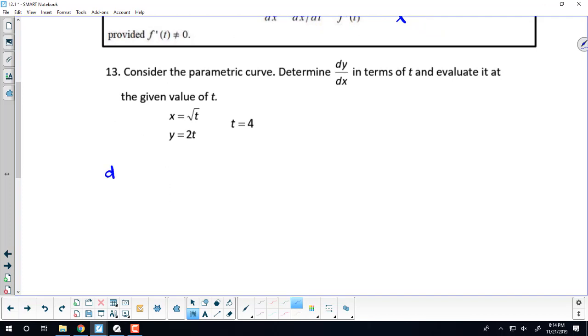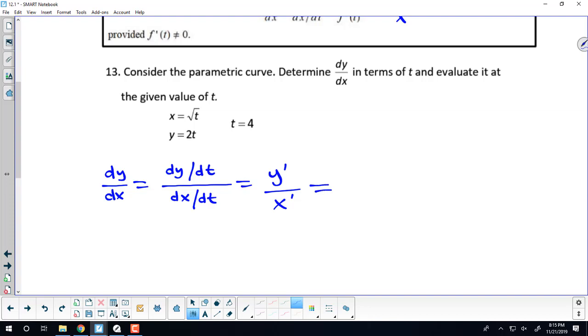So the derivative, we're still labeling as dy over dx, although it is really dy over dt over dx over dt. I mean, we can just see that from an algebraic standpoint. If we divide those two, it is dy dx, or y prime over x prime.